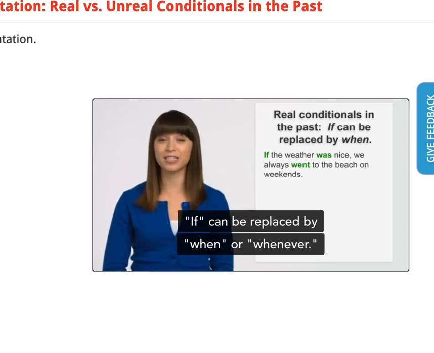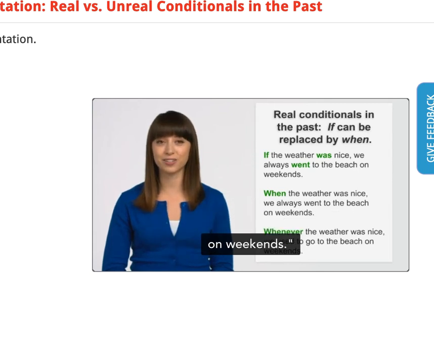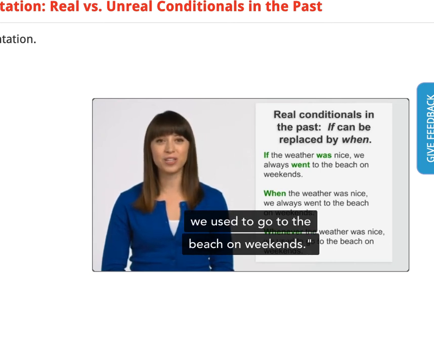If can be replaced by when or whenever. When the weather was nice, we always went to the beach on weekends. Or, whenever the weather was nice, we used to go to the beach on weekends.